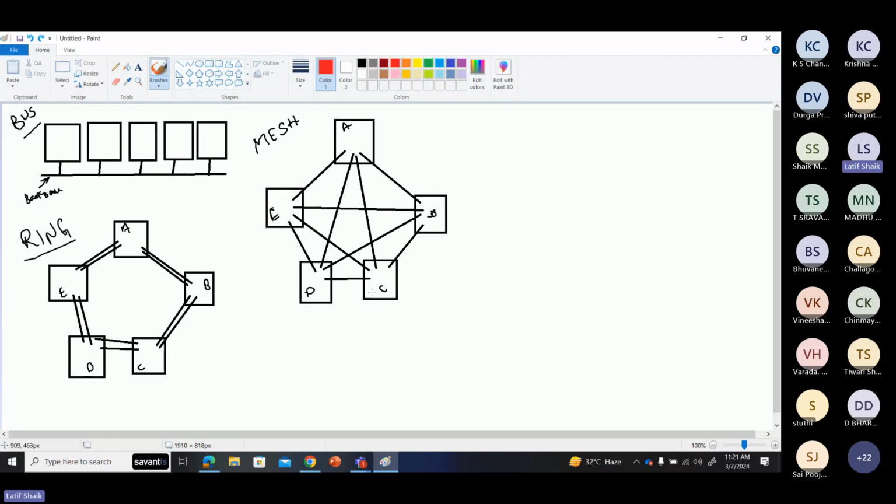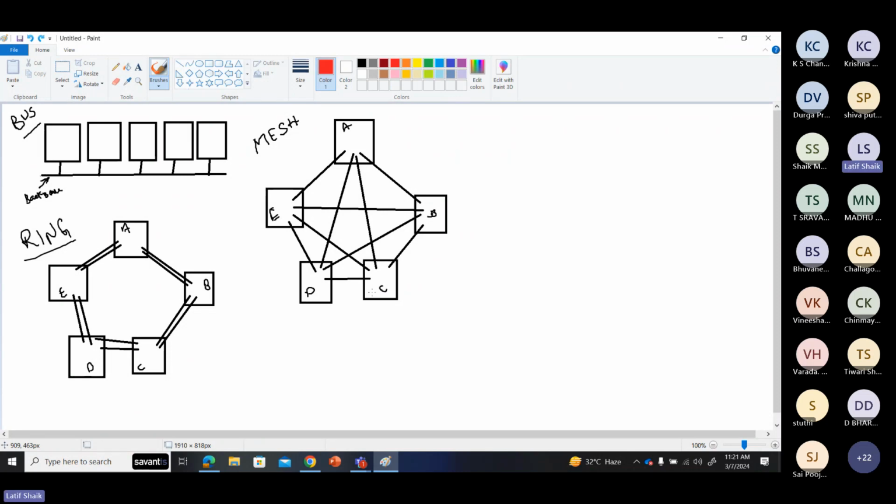So in mesh topology, a device is connected to all other devices. And it is redundant because if a wire or a device in the network is down, the remaining devices will communicate with each other, through the remaining paths.